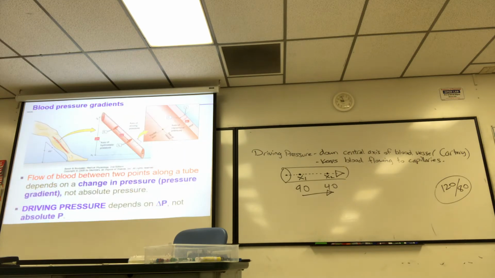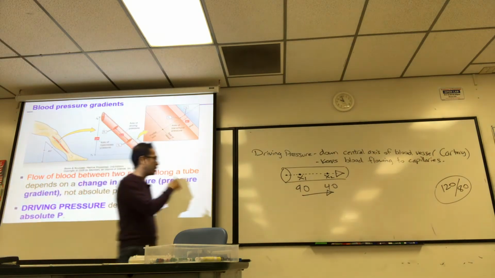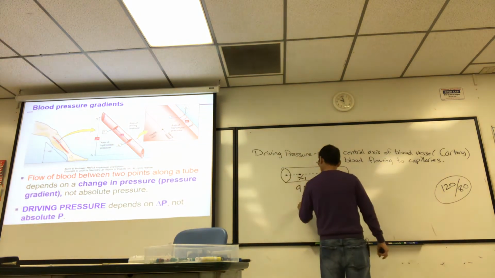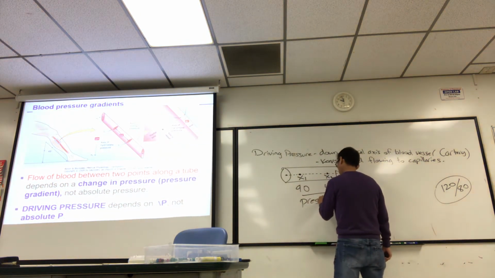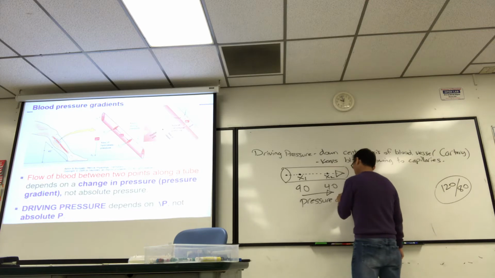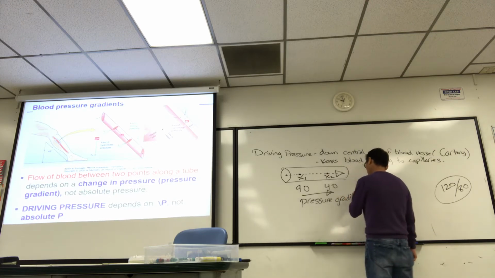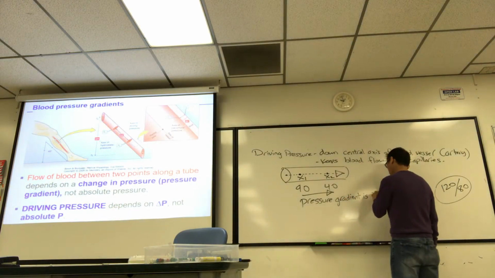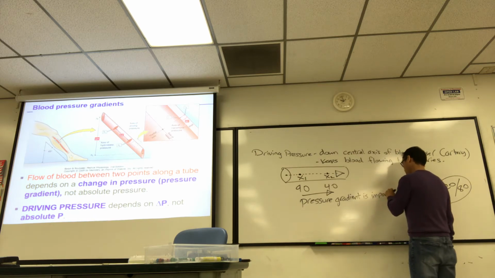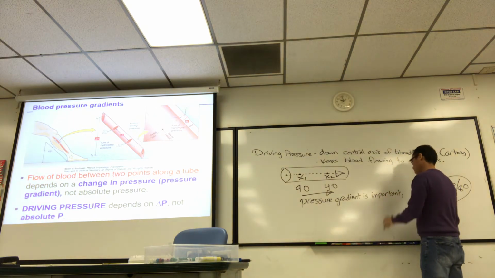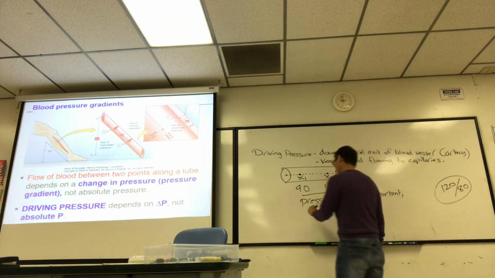So that's kind of the important one there. That's what I talk about here. Blood flow between 2 points along a tube depends upon a change in pressure, a pressure gradient, not the absolute pressure. That's the key. We need a pressure gradient, not absolute pressure.